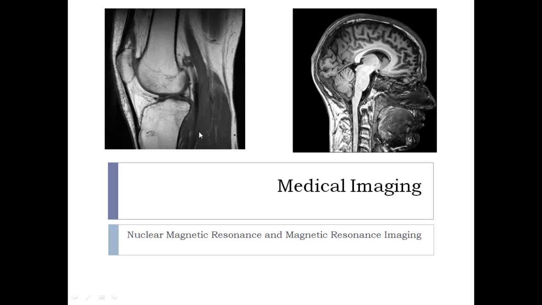In nuclear magnetic resonance imaging, we're able to see the difference, for example, between tendons and muscle, and the bones are clearly distinguishable, and even the cartilage in between the bones, the skin and the fat. And perhaps even more stunning is this image of the brain and head.